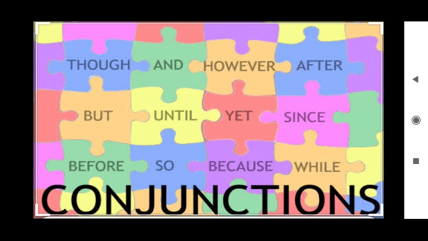Now, students sometimes confuse prepositions with conjunctions, but these are very different. The words like though, and, however, after, but, until, yet, since, before, so, because, while. All these are examples of conjunctions, and they help to connect ideas.